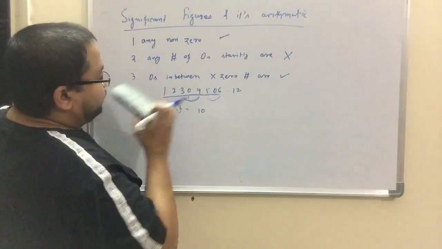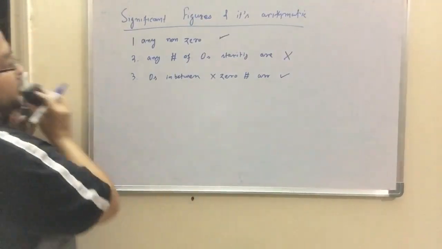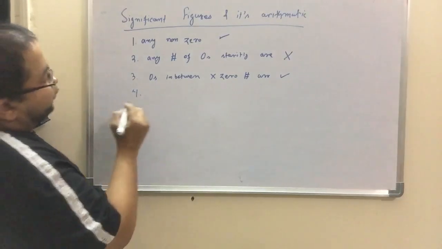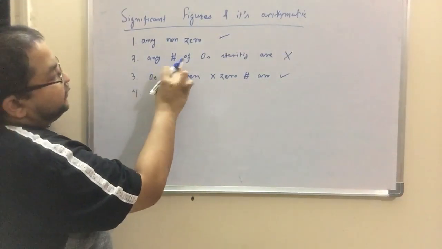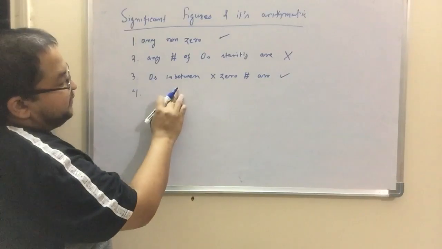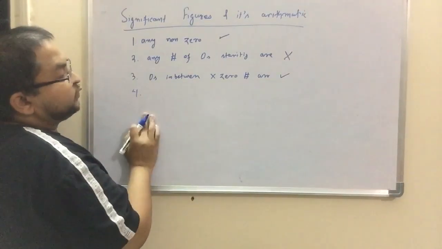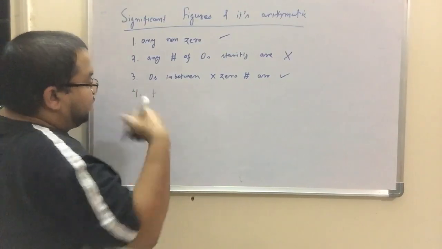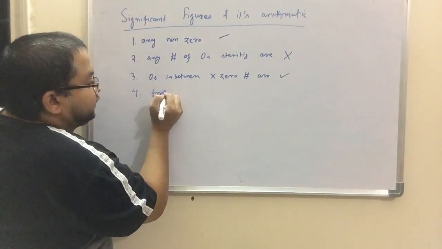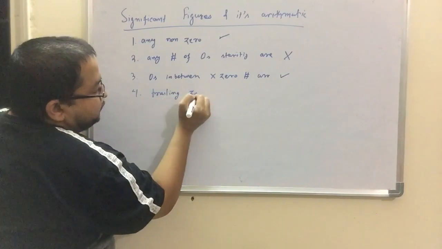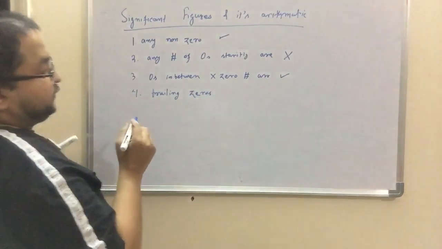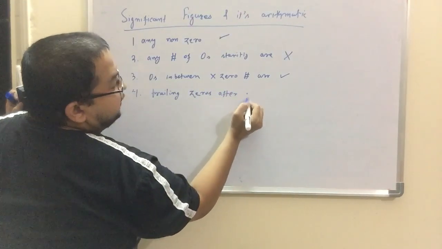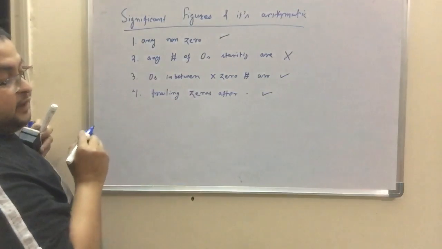Okay, so let's move on to the next point. This is in between 0. This is at the starting. This is in between. Now let us talk about what if zeros are trailing zeros, right? So the trailing zeros after the decimal are considered to be significant.